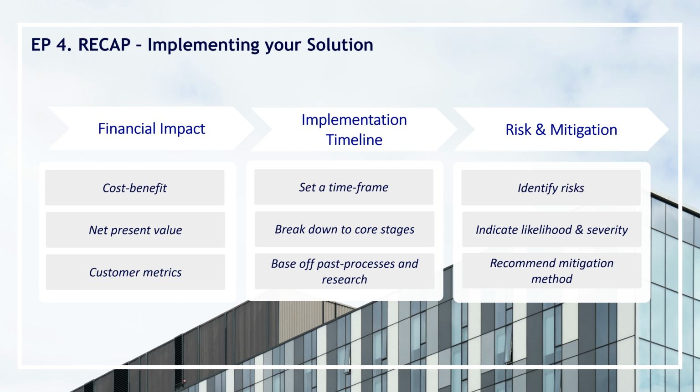Remember to set an appropriate timeframe, break it down into core stages, and base your timeline off past processes. Last but not least, when conducting your risk and mitigation, you must remember to identify your risks, indicate the likelihood and severity, and recommend the mitigation method.